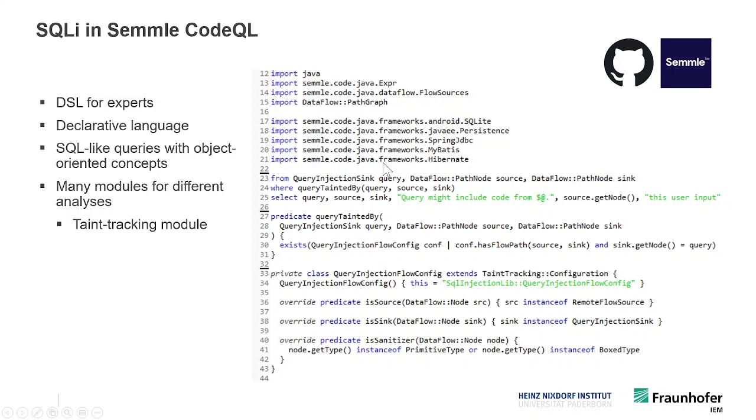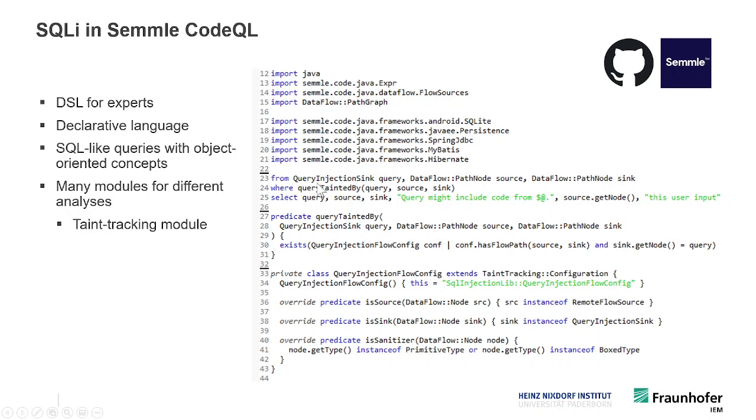This taint tracking module provides a taint tracking class which is of type configuration. This is in line 33. Before we go to this, we will see how the query looks.